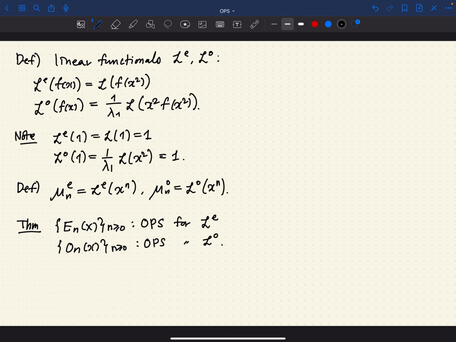And moreover, we can compute mu_n^O. This is the 2n-th moment, and maybe I can write it here. This is 1 over lambda_1 times mu_(2n+2). Okay. So proof.